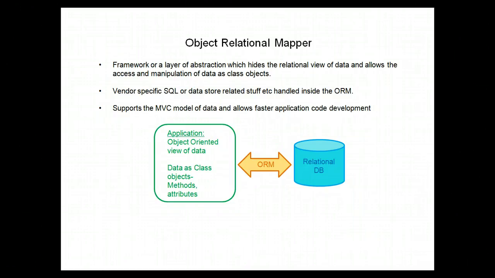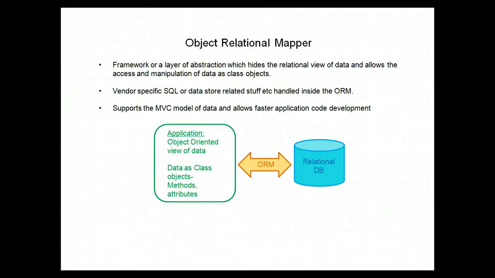So an ORM is basically an object relational mapper. It's a layer of abstraction which hides the relational view of data and allows a web developer to access and manipulate data as class objects.